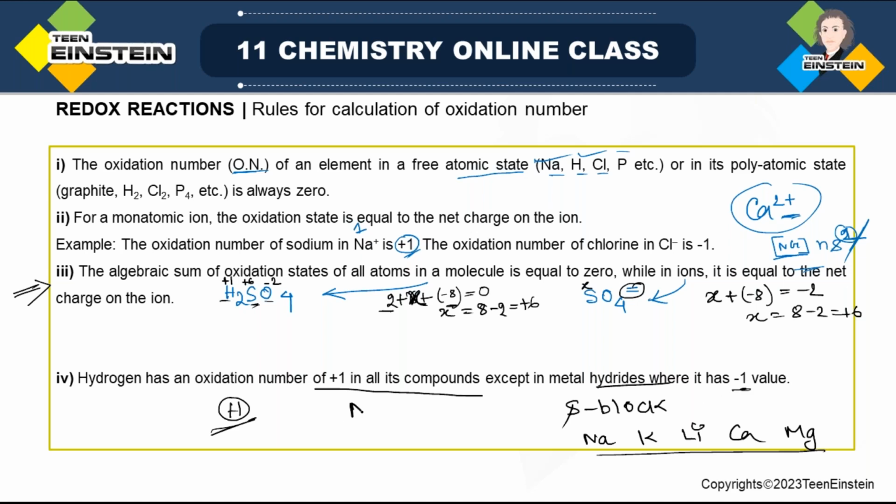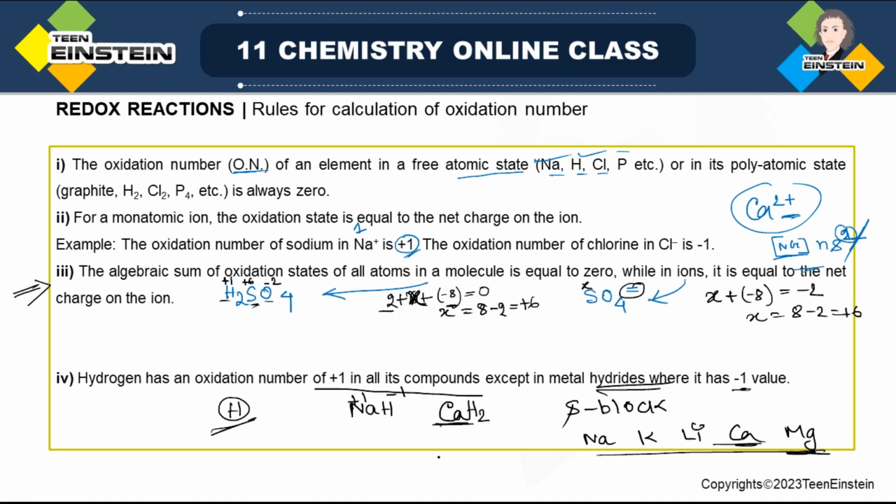So for example, if I am writing NaH, Na is +1, this is -1. These are called hydrides. Metal hydride is the general term. When I am writing NaH, it will be sodium hydride. When I am writing LiH, it will be lithium hydride. Then potassium hydride, KH. But remember, for group 2 elements, Mg, Ca, the formula is CaH2, because calcium will lose 2 electrons, and these 2 electrons will be taken by 2 separate hydrogen atoms.